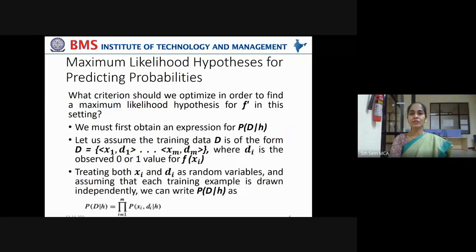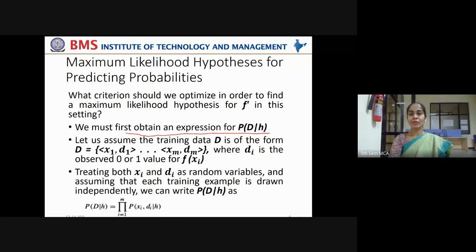Now, what criterion should we optimize in order to find the maximum likelihood hypothesis for f dash in this problem setting? In this case, we must first obtain an expression for the probability of D given h. Okay, what is the probability of D given h?